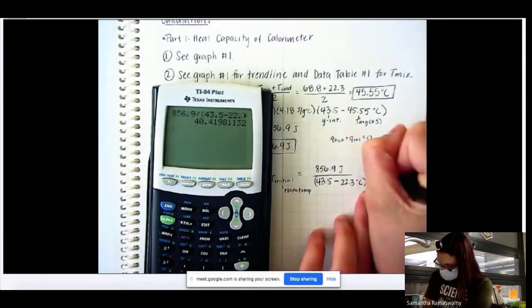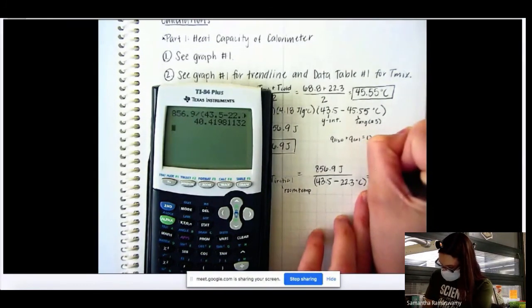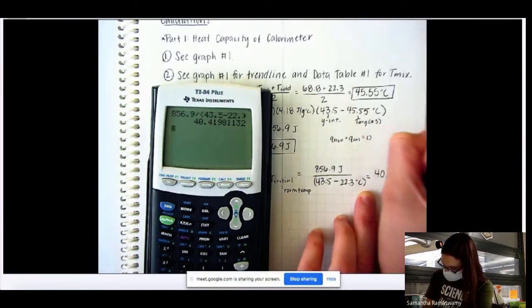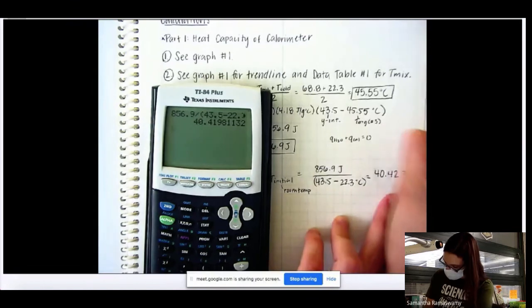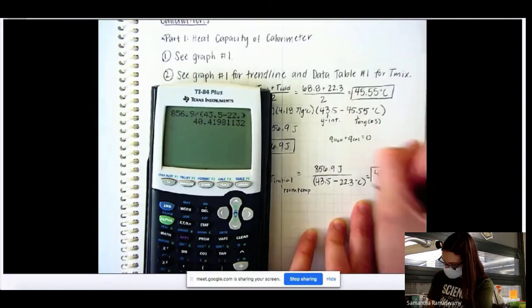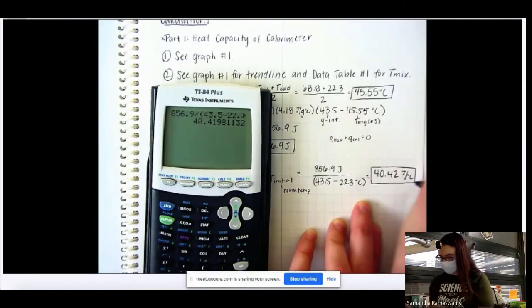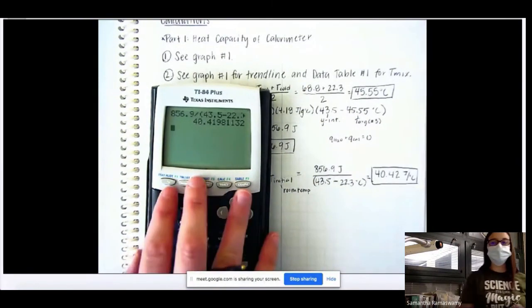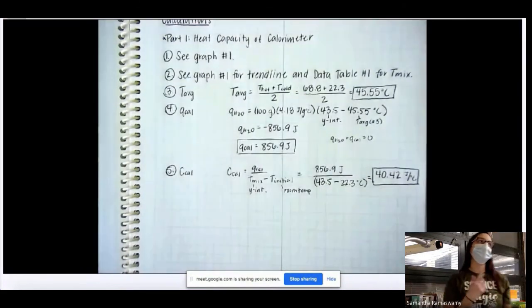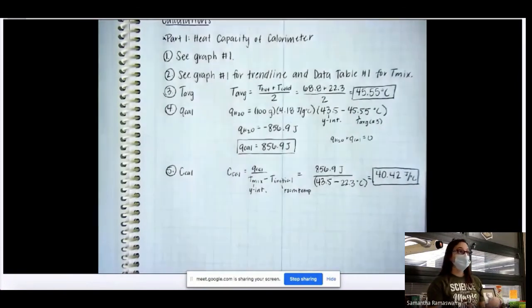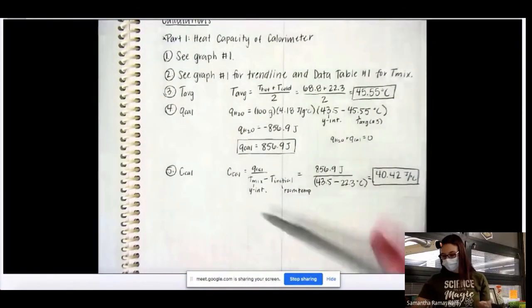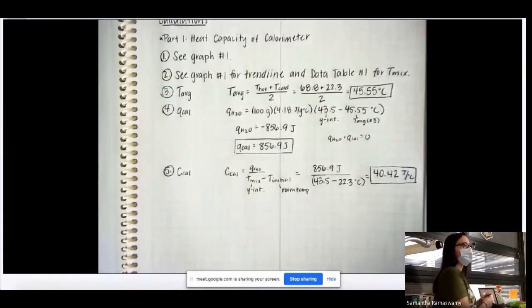So the heat capacity of the calorimeter, 40.42 joules per degree Celsius. So for every 1 degree Celsius that the calorimeter changes, it absorbs 40 joules of heat. Now we want to make sure that we get Qcal and Ccal copied into our data table.